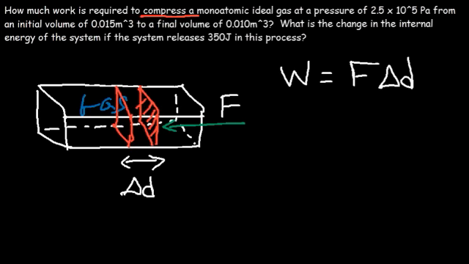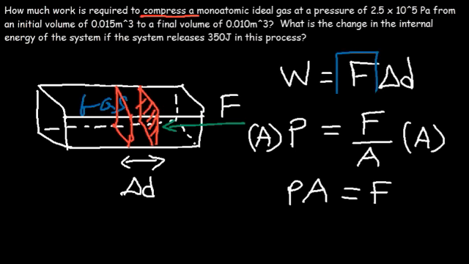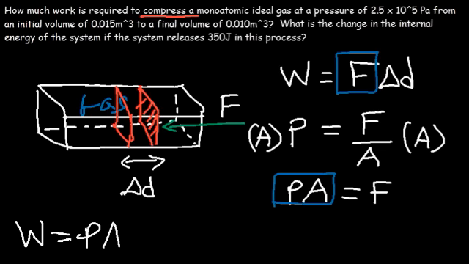Anytime you apply a force over a certain area, you're applying a pressure. Pressure is equal to force divided by area. So if we multiply both sides by A, we can see that the pressure times the area is equal to the force. So therefore we can replace F with P times A. So the work is therefore equal to the pressure times the area times the displacement, or the distance that the piston moves to compress the gas.